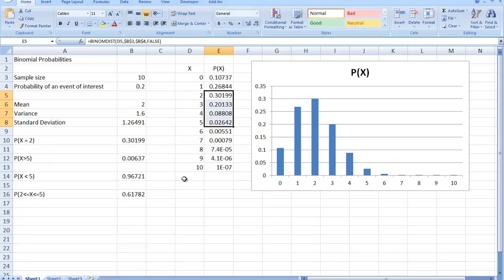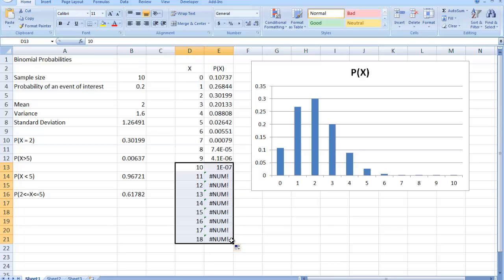The only thing I would want to note is that based on your sample size, you may want to add values. So what you would do is keep filling down in this particular spreadsheet to whatever your sample size is.